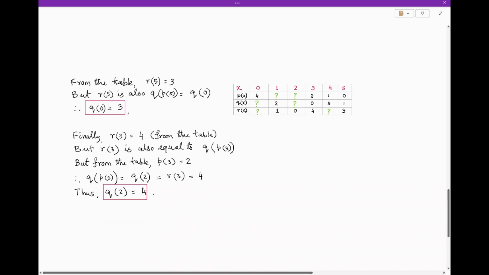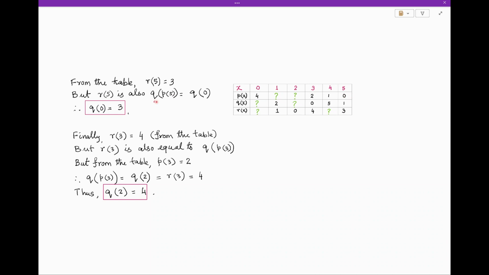From the table, R(5) is equal to 3. But R(5) is also equal to, by definition, Q(P(5)). And P(5) is 0.